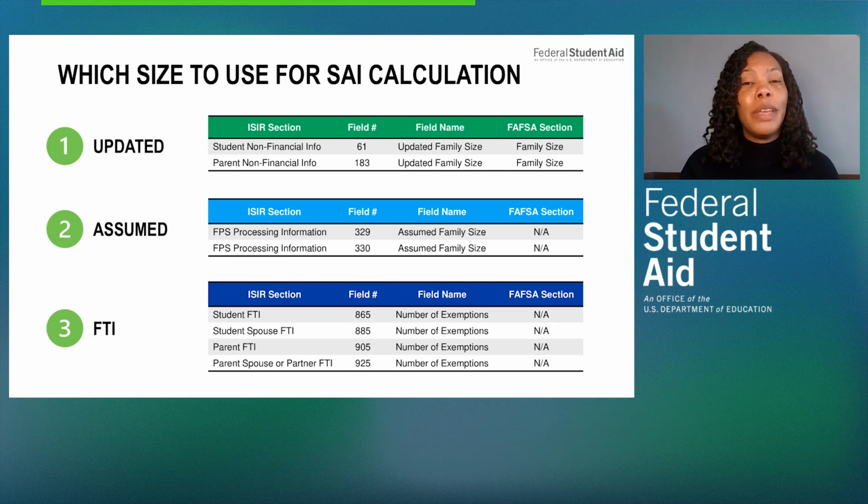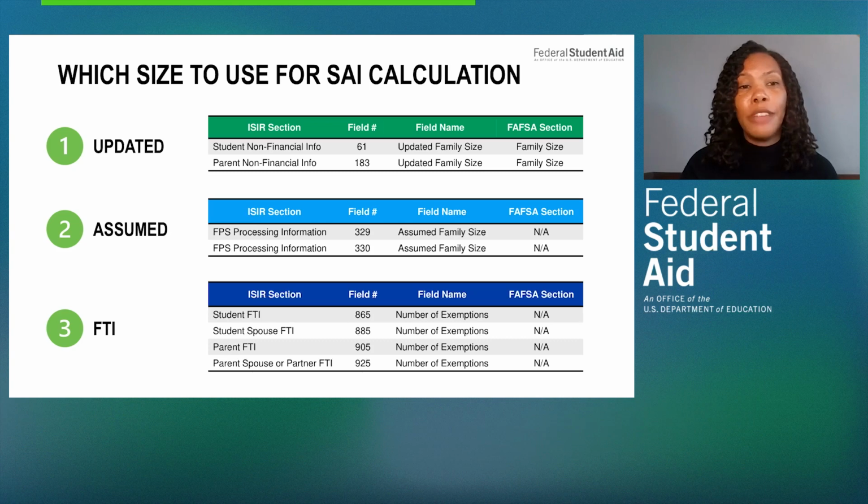It will use the updated family size because it's considered to be the most accurate family size, even if there is FTI. It will use the assumed family size when there is no updated family size reported and the FTI family size doesn't make any logical sense. And it will use the FTI family size when there is no need for an assumed family size and the student does not provide an updated family size.